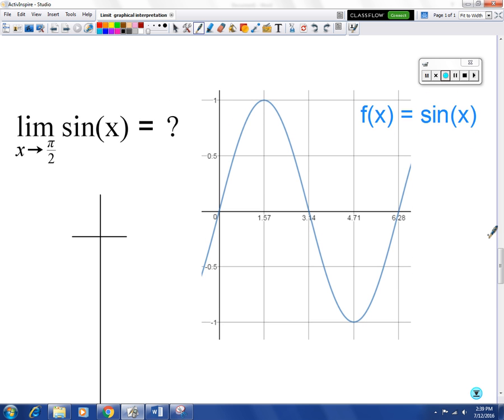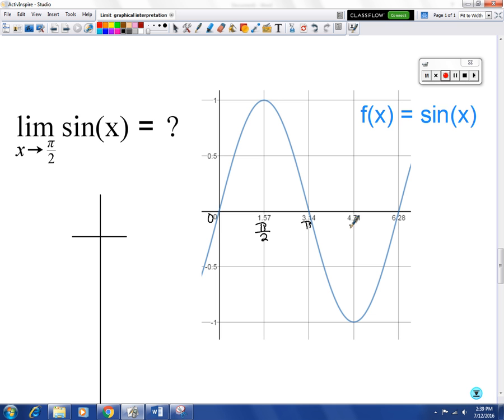Okay, let's do one more like this, a trig function. f of x equals sine of x. When I do trig functions, I change my grid a little bit. Here's my 0, my x-axis, but that 1.57 is really approximately pi over 2. And the 3.14, you know what that is, that's pi.